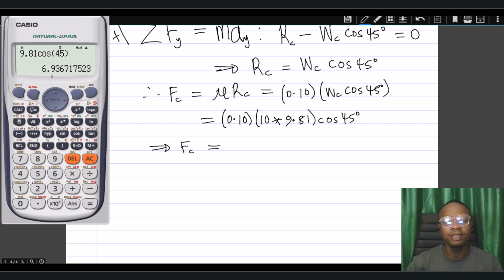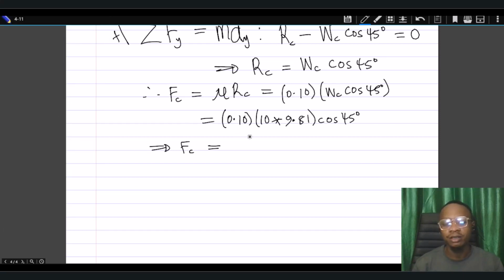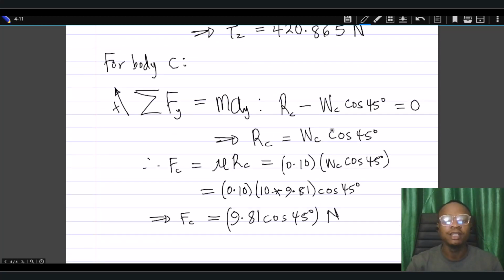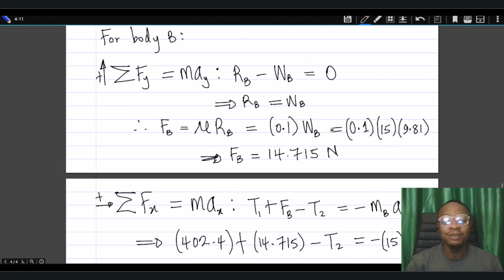I'm just going to leave that as 9.81 cos 45, to avoid approximation errors. Let me leave that because 0.1 times 10 is 1. Of course this will be in newtons. So let's move on because it's a by-the-way result. And now we're good to go for body C.